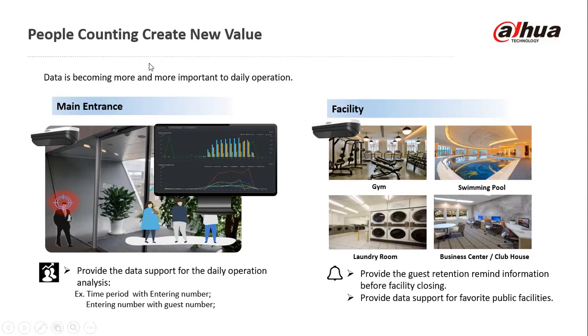So people counting is very good analytics. Depending on how you want to apply it, maybe if you want to investigate why your hotel is performing very badly, you can do analytics with the camera and use those values to your advantage.